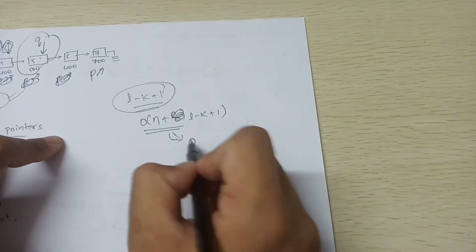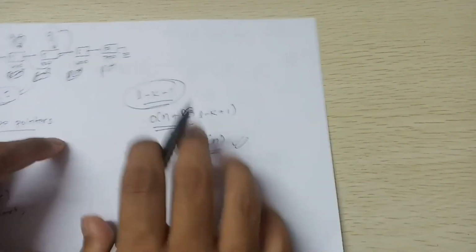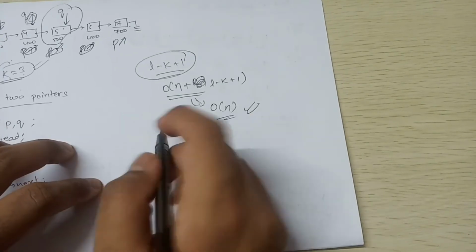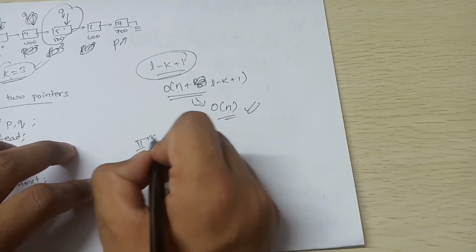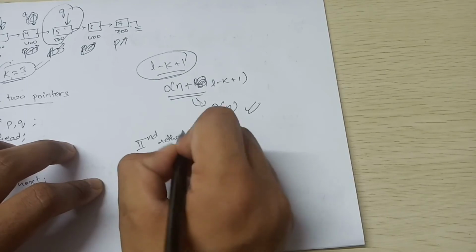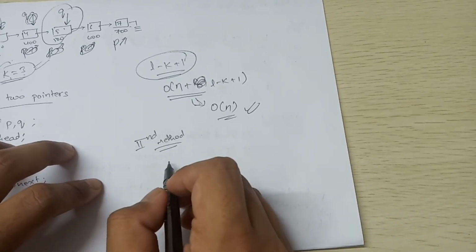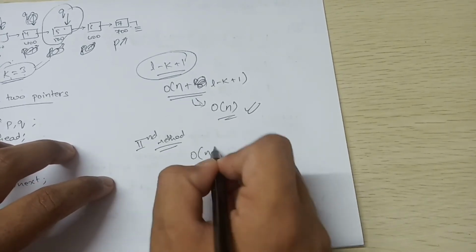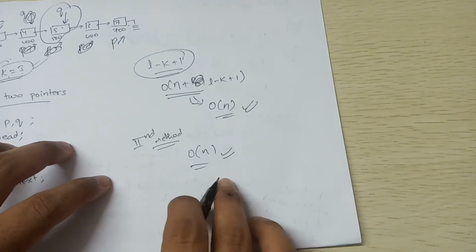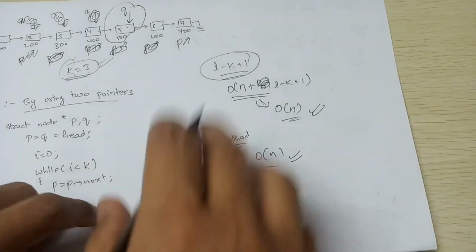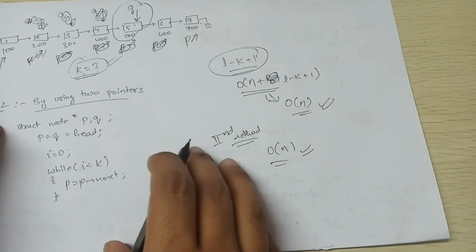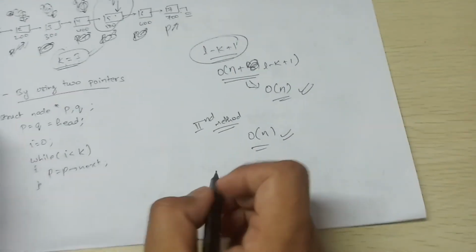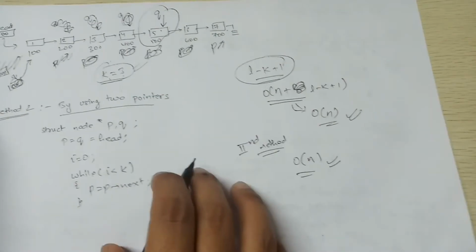This is nothing but linear time complexity, so it will take order of n time only. For the second method, you traverse n nodes, so it is also linear time complexity, order of n. So for this question, both methods give linear time complexity. The space complexity is constant, obviously, because you are not taking any extra space.